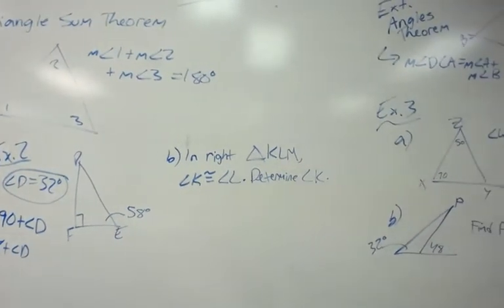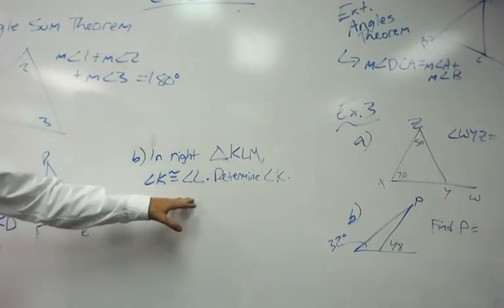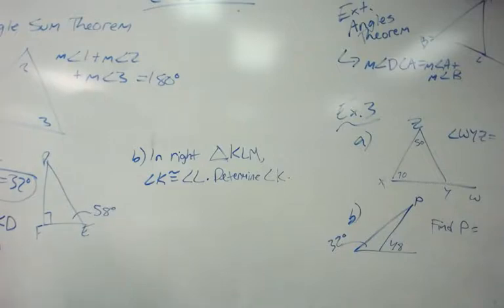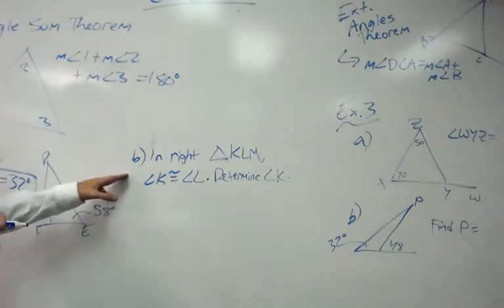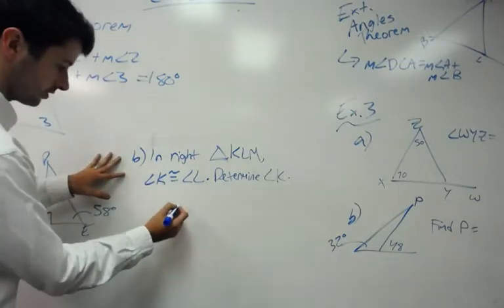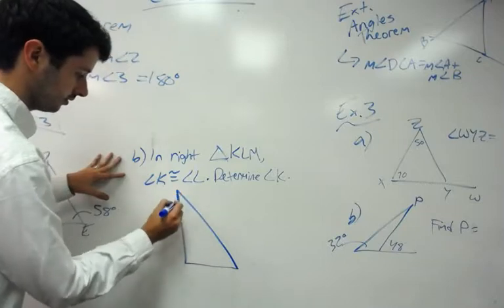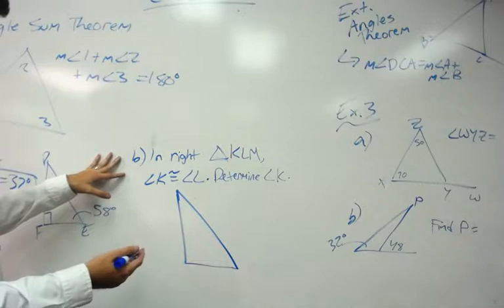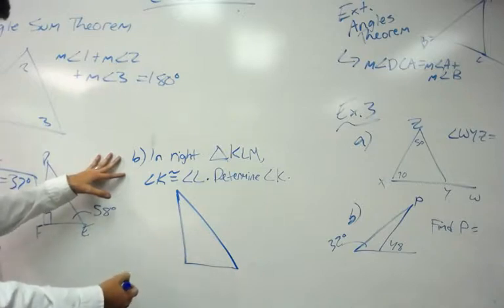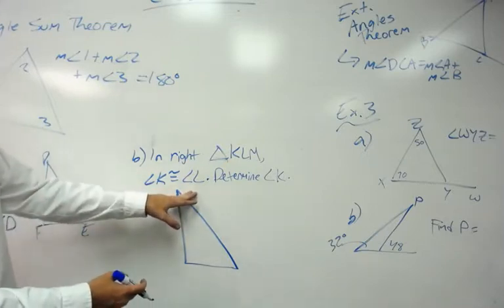In example 2b, it says in right triangle KLM, angle K and L are congruent. Determine angle K. Well, what I like to do in these cases is draw out the triangle. I'm visual, so I like to draw it out. It doesn't necessarily tell me which angle is the right angle. However, it does tell me angle K and L are congruent.